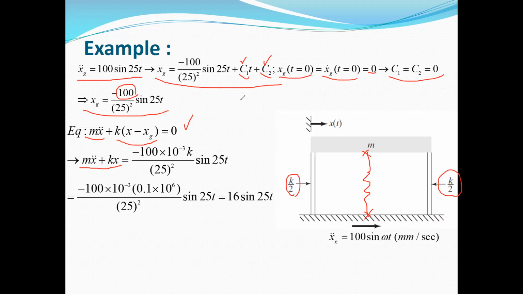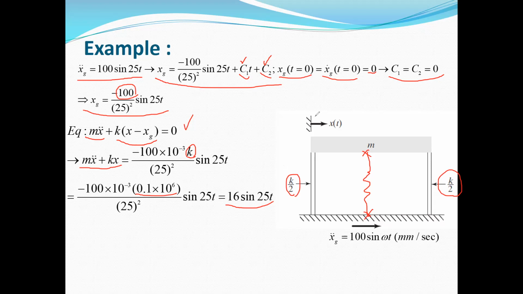And also we have k, the stiffness of the system, given as 0.1 times 10 to the power of 6, because this is 0.1 mega Newton per meter. So we can substitute and simplify, and the non-homogeneous term will be 16 times sine 25t. So the equation of motion is m x double dot plus kx equal to 16 sine 25t.